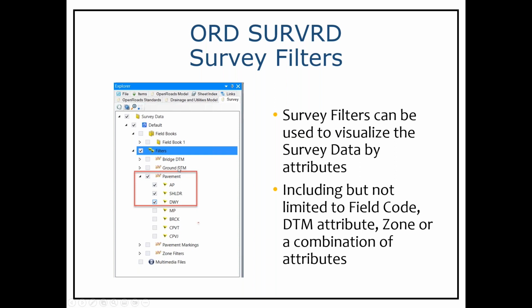That's a case where the filter will filter out the attributes and the ground type features to build a ground DTM or ground terrain model. Or you can just select to view, for instance, AP, shoulders, and driveways. So there are various ways to visualize these from the survey field book.